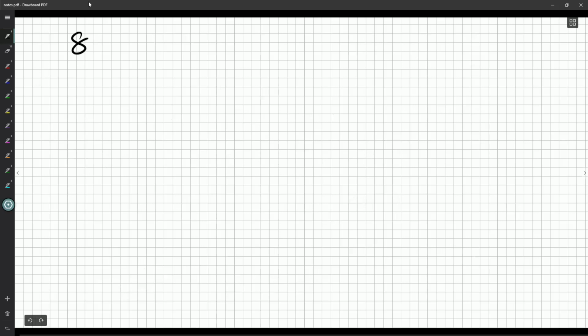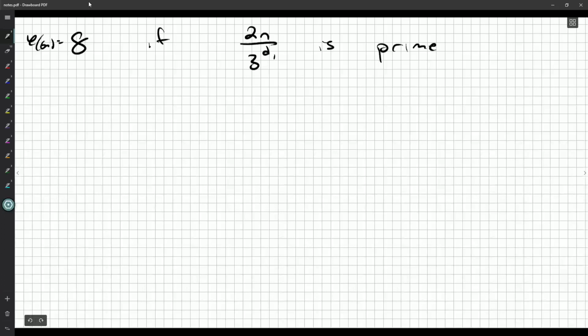So phi 6n is equal to 8 if 2n over 3 to the d1 is a prime. Because primes have exactly 2 factors, so phi of a prime would be 2.